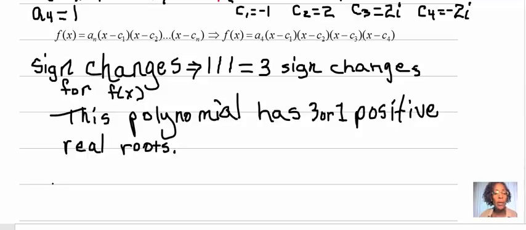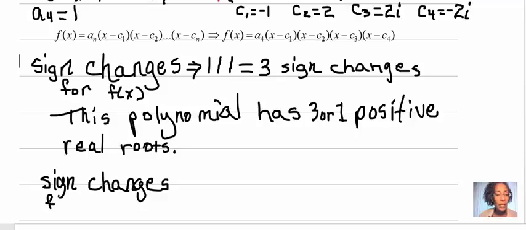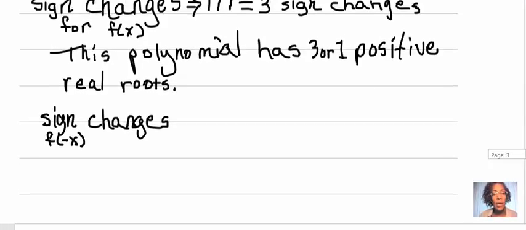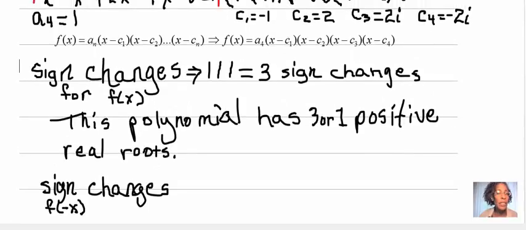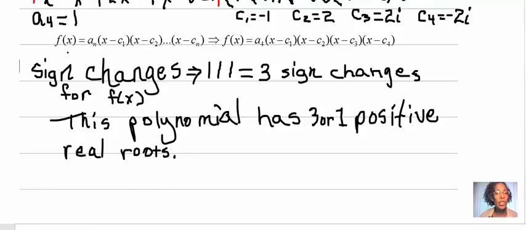Now let's talk about the sign changes for f of negative x. First, let's just talk about f of negative x before we talk about the sign changes for it.